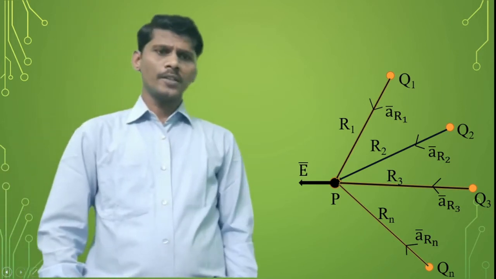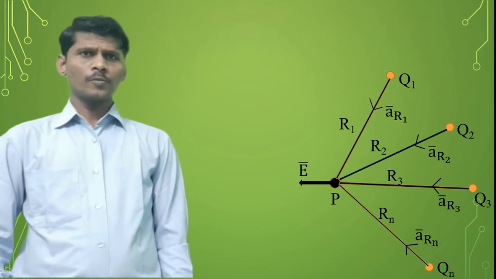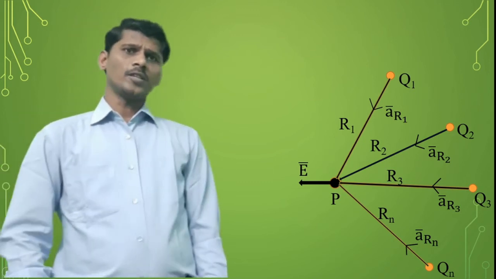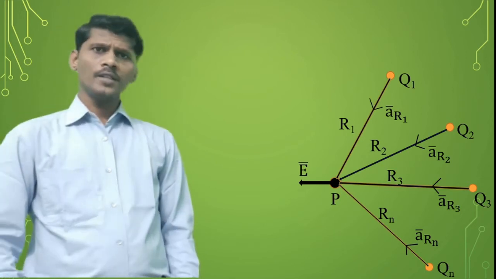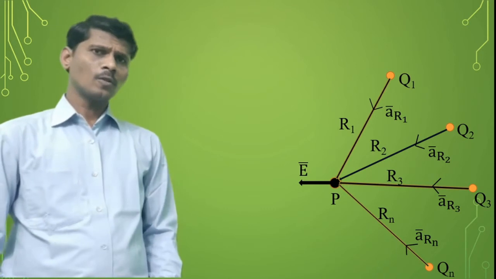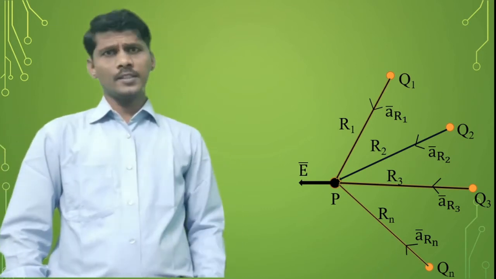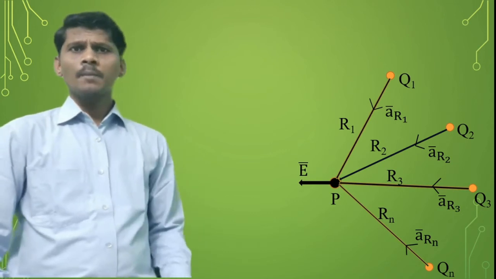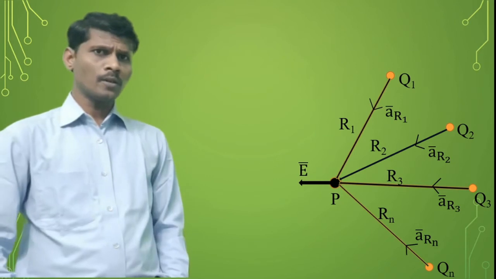Therefore, the total electric field intensity at point P is the summation of the individual electric field intensities. That is, E bar is equal to E1 bar plus E2 bar plus E3 bar and so on up to En bar. In case of magnitude, magnitude of E bar is equal to magnitude of E1 bar plus magnitude of E2 bar plus magnitude of E3 bar and so on up to magnitude of En bar.